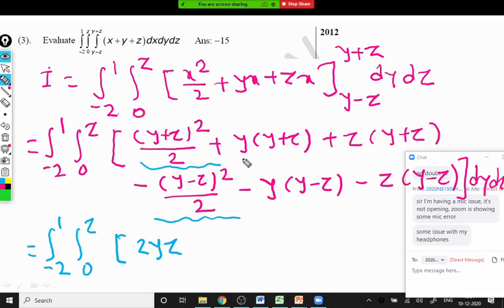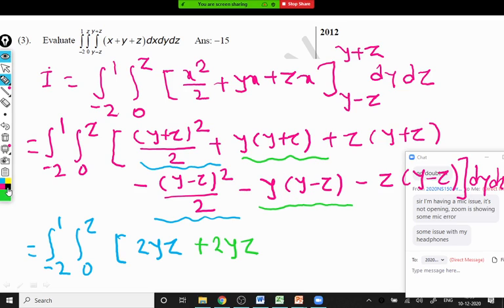Similarly, if you focus on these two terms only and simplify, what is that term? That is also 2yz, is it? Yes, sir, y square gets cancelled. Sorry, this is plus y square plus yz minus y square. Yes, y square gets cancelled, correct.